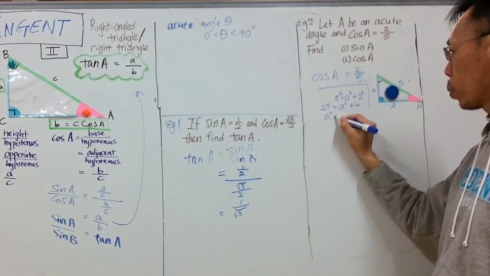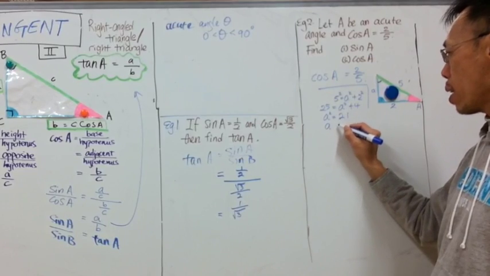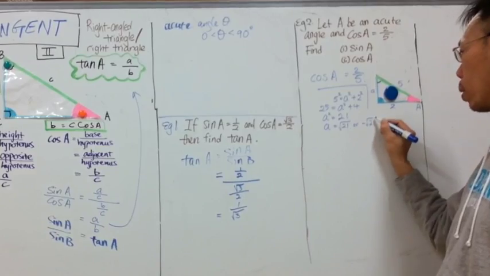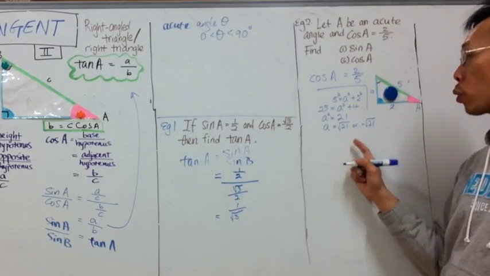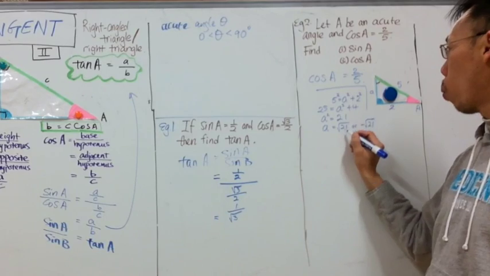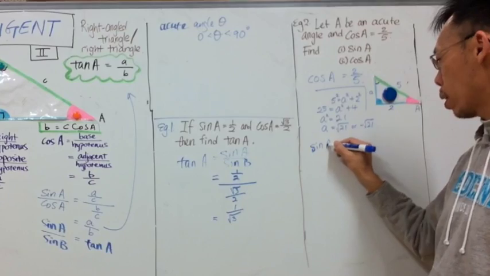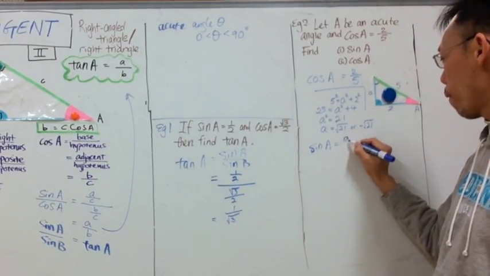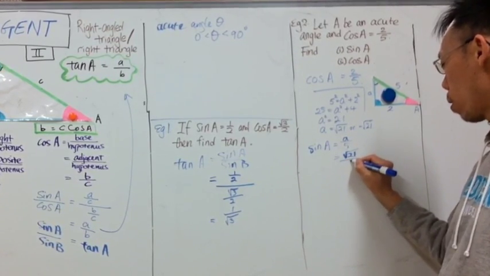Therefore a squared is equal to 25 minus 4, which is 21, and a is square root of 21 or negative square root of 21. But since the height has to be positive, a is equal to square root of 21. Now I can calculate sine A. Sine A is opposite over the hypotenuse, so a over 5, or square root of 21 over 5.